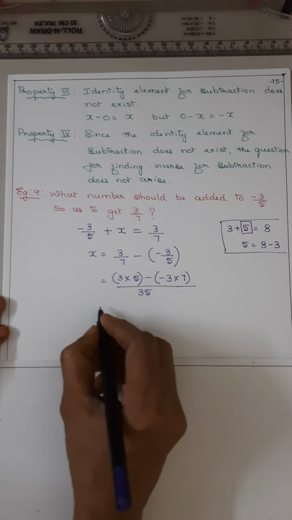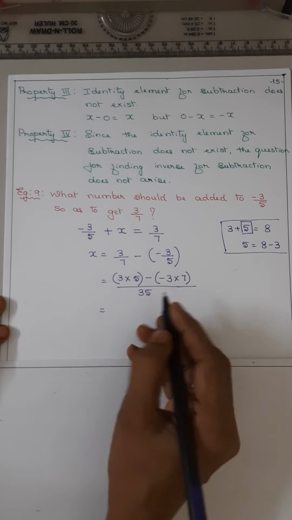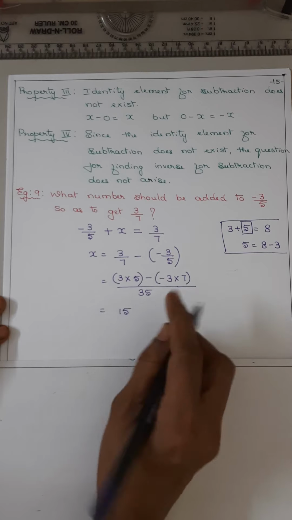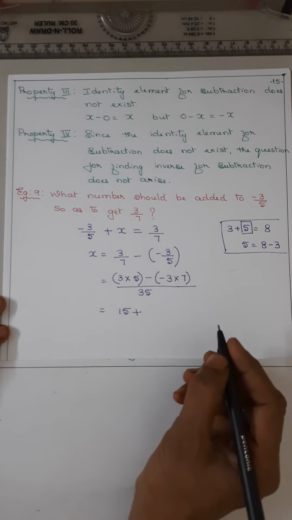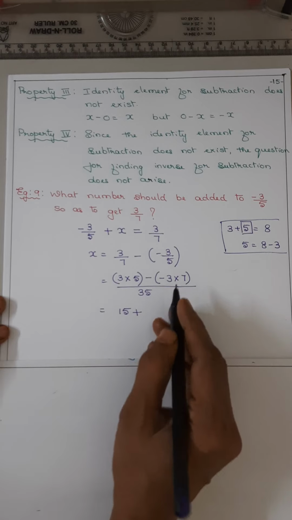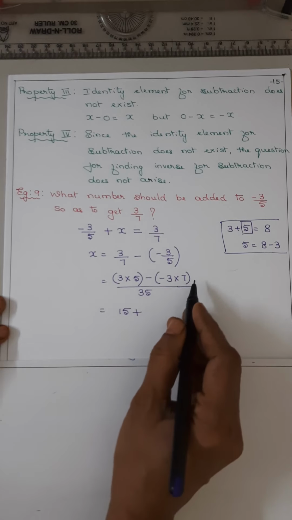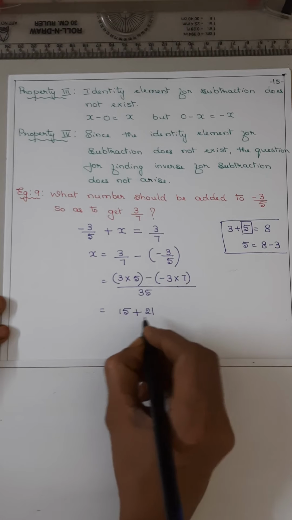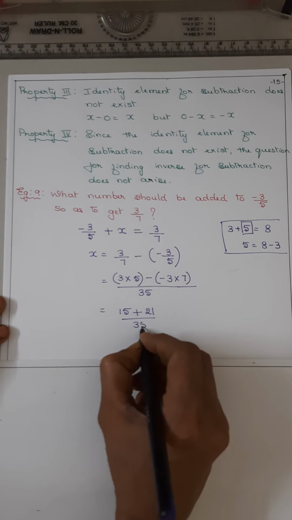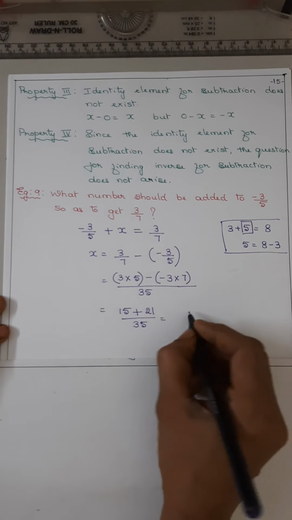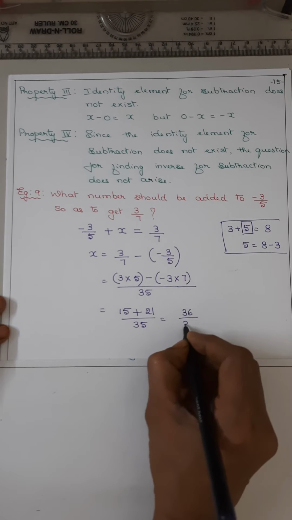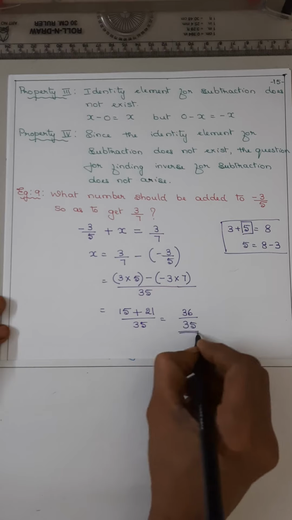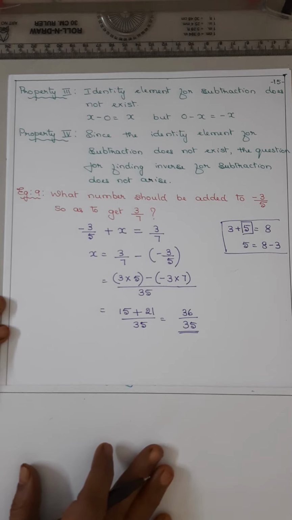Everyone understood? Now 3 5s are 15. Now minus of minus is plus. You know, minus of minus is plus. 3 7s are 21 by 35. 15 plus 21, 5 plus 1 is 6, 1 plus 2 is 3, so 36 by 35. This is the answer.